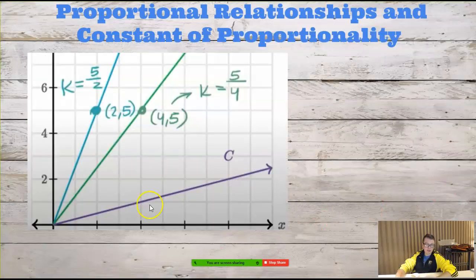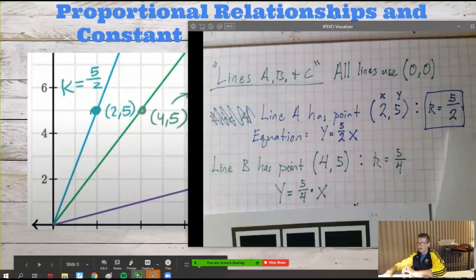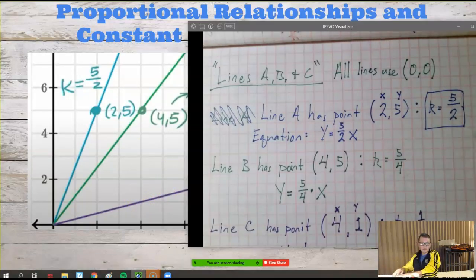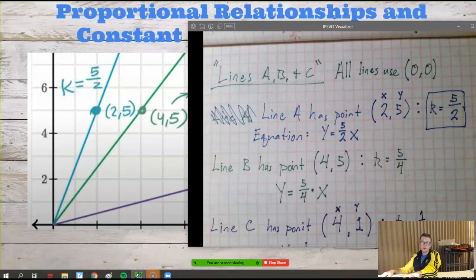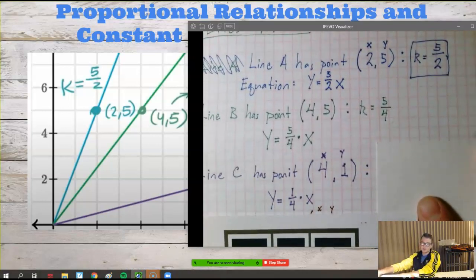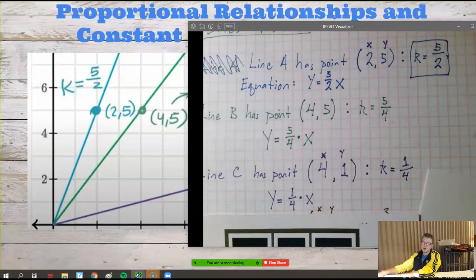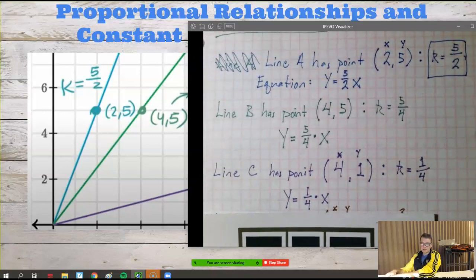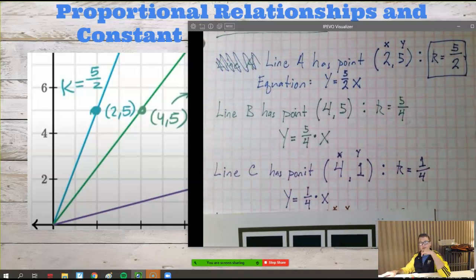Sorry, I didn't put that in my slides. So if we use that point at 4, 1, what we would write down is line C has point 4, 1, making our K, guys, this is where you're going to mess up. Our K is not 4 over 1, it's 1 over 4. So K is 1/4 x.